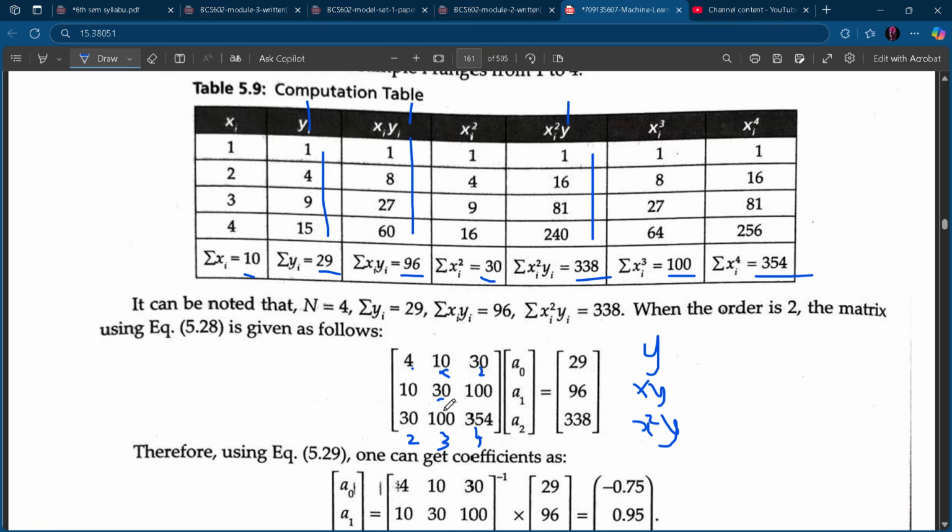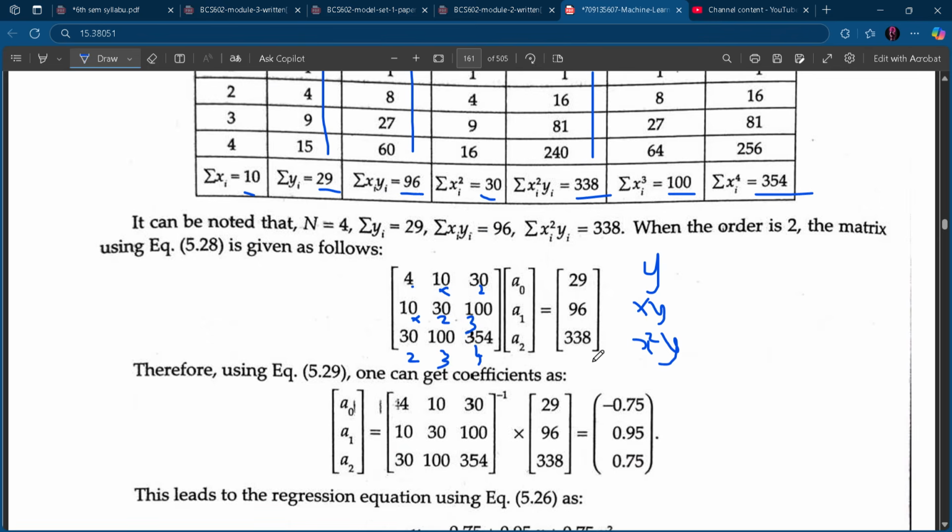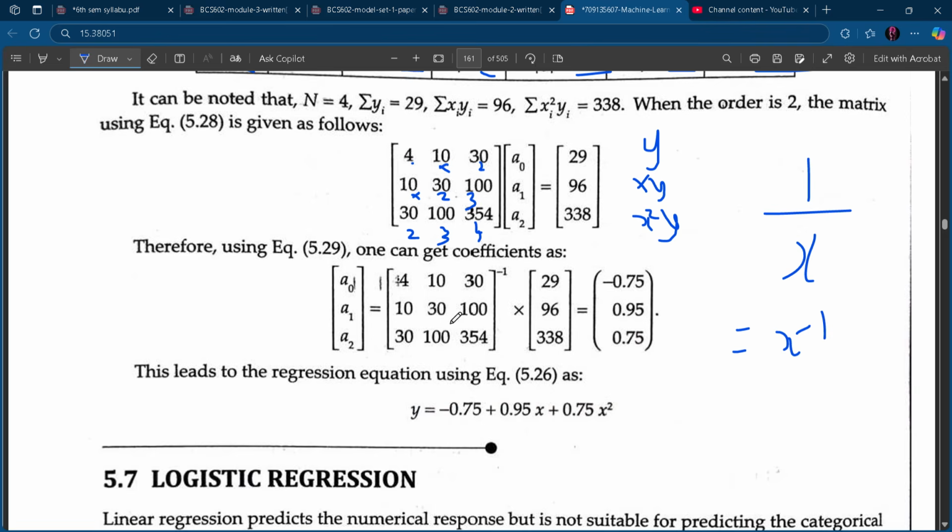Here x square, here cube. Here just x, that is nothing but 1. Once you get this, you can write this matrix below. 1 by x is also x to the power of minus 1, that's the inverse. So this matrix will undergo an inverse. The inverse of this matrix into this matrix will give you the final answer.